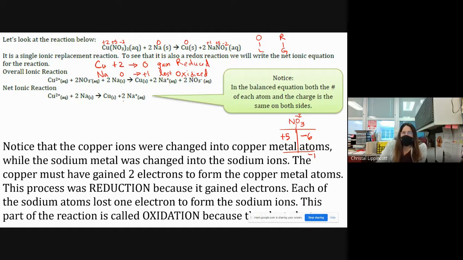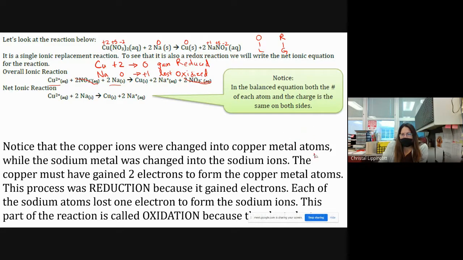Okay. So if we look at what actually happened, at our net ionic equation here, did the nitrate change on either side? No. So we can get rid of that. But this changed because it went from a +2 to a 0. And this changed because it went from a 0 to a +1. We've got 2 of them to balance out the charges.